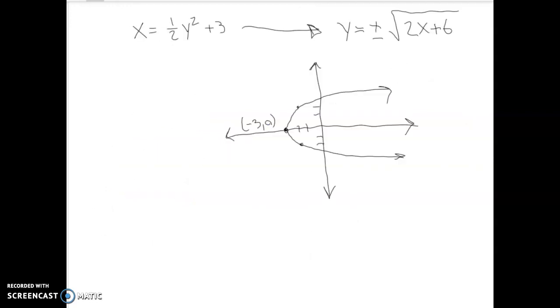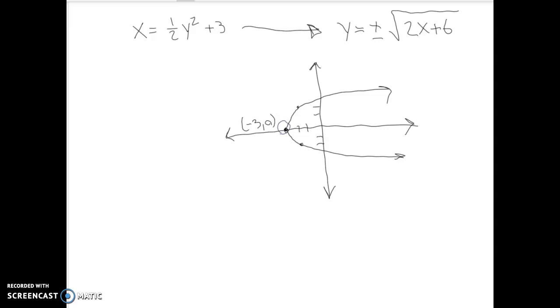You can see a graph of the equation x equals 1/2 y squared plus 3, rewritten as y equals plus or minus the square root of 2x plus 6. You can see here that for each of my x values in the domain, there's at least one y value. At -3, there's just one y value: for -3, it's just the output 0.